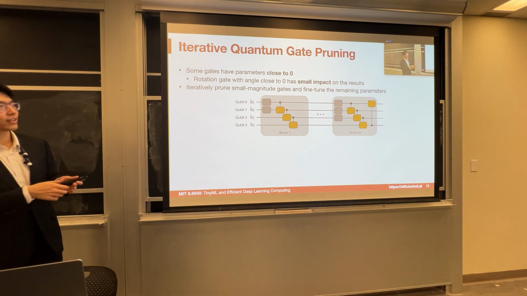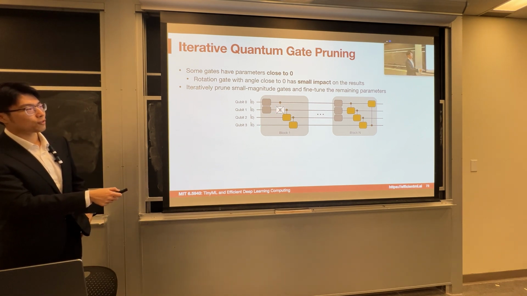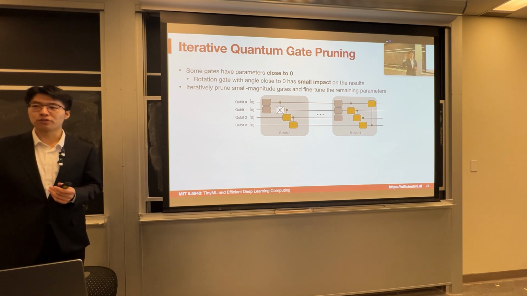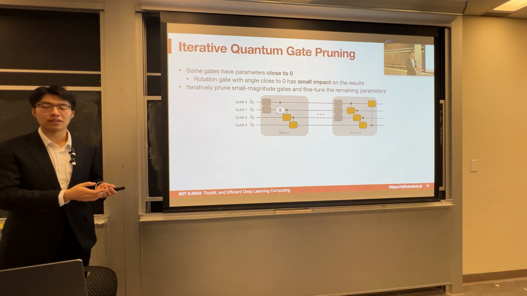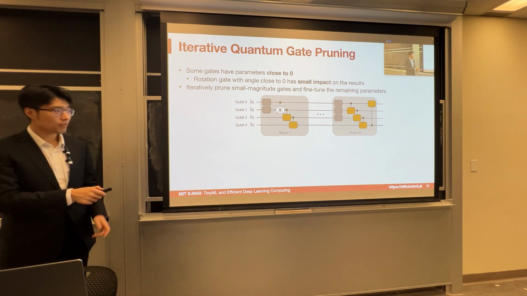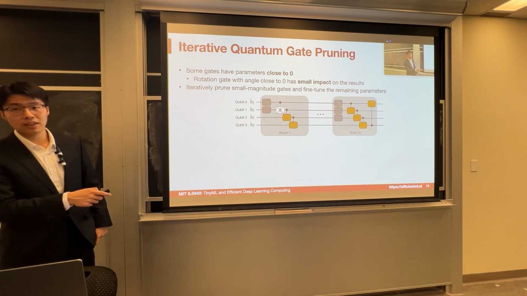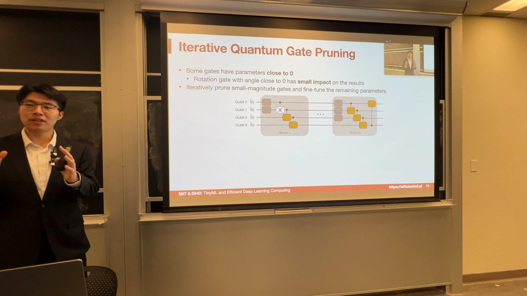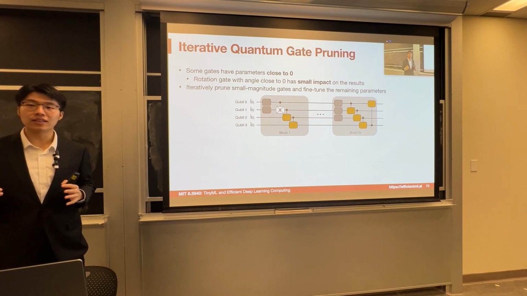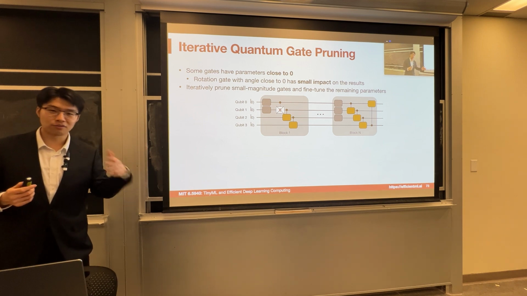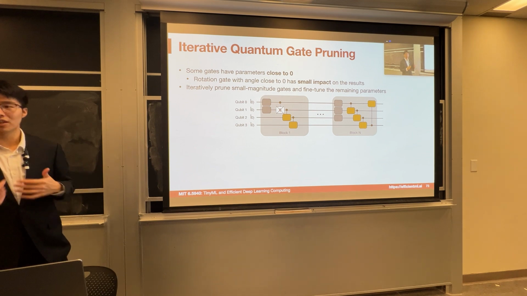So this is very intuitive, which is that, say, during the training, the parameter will change, right? Just like the pruning of the neural net's weight. If the value is very close to 0, then the mathematical formation for that matrix is just identity gate, right? Identity gate, you don't have to do that because that is not changing any state.